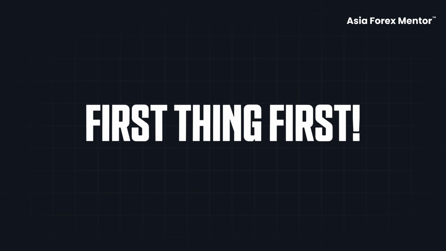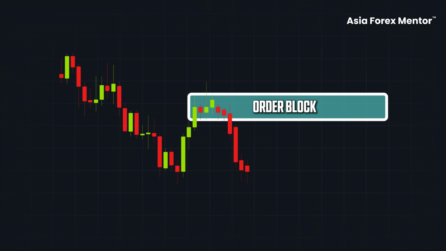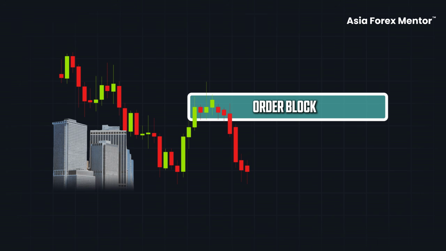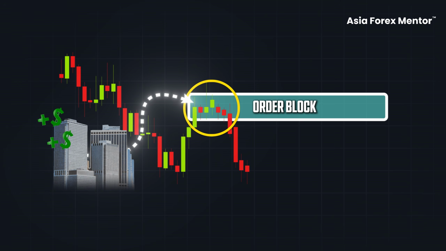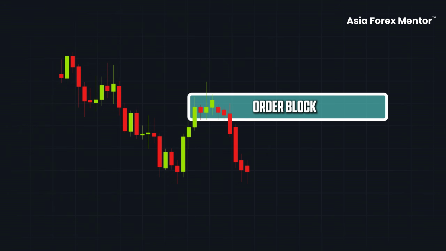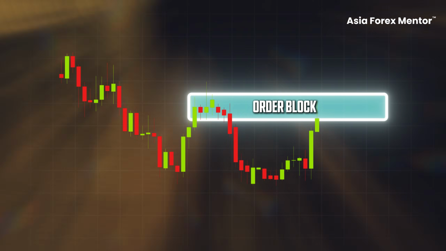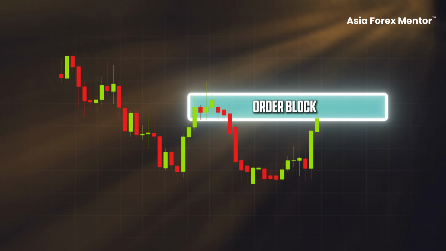Right, so first things first, order blocks are zones where the institutions or the smart money place large buy or sell orders. These areas matter because when price returns, they spark strong reactions. So in short, they reveal where the big capital has stepped in.